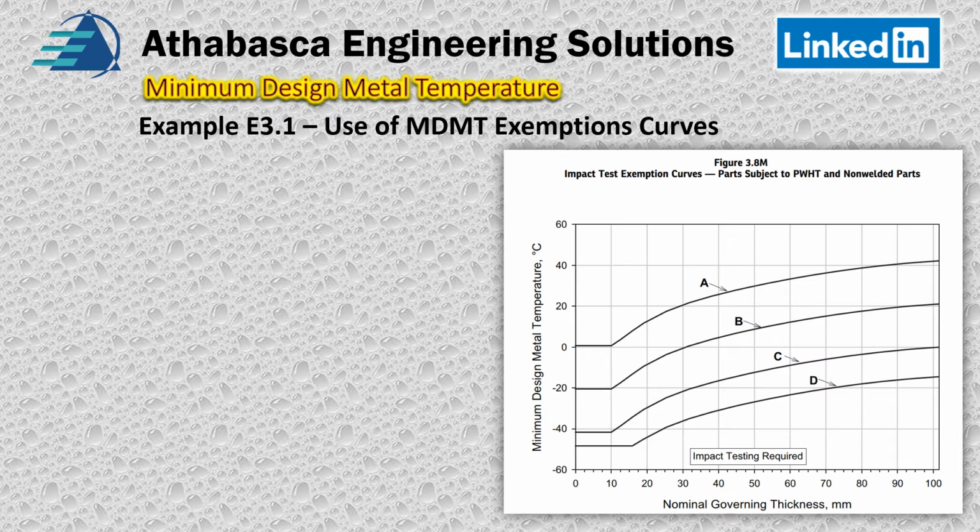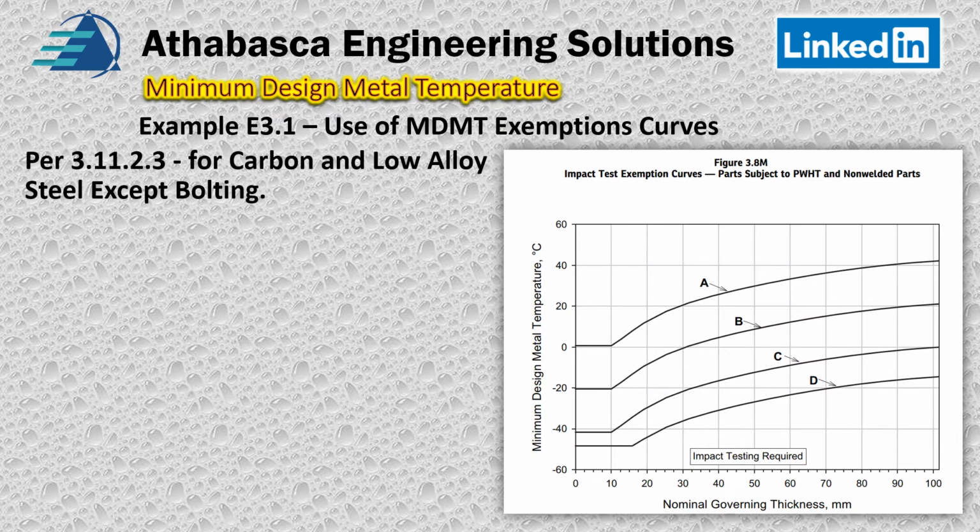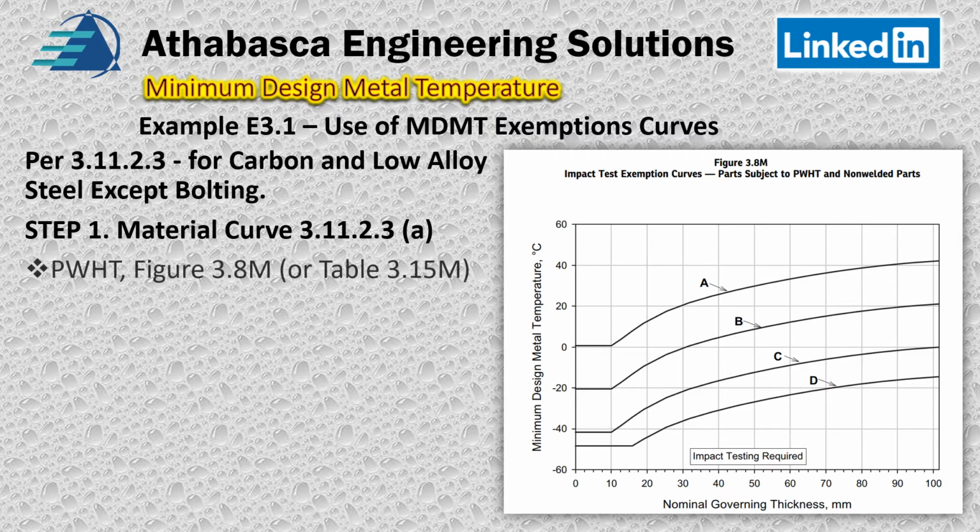Division 2 has the same kind of curves, but it's more broken out. There's a number of curves. In this case, we're looking at carbon steel low alloy curves, and there's an exemption to bolting, just like in Division 1. So the material curve we're going to be using falls under 3.11.2.3.A.